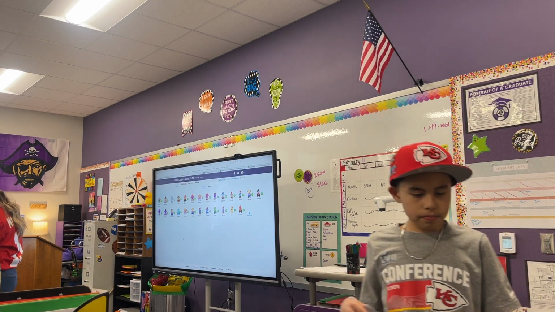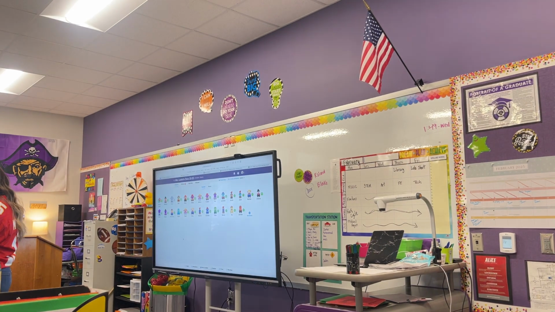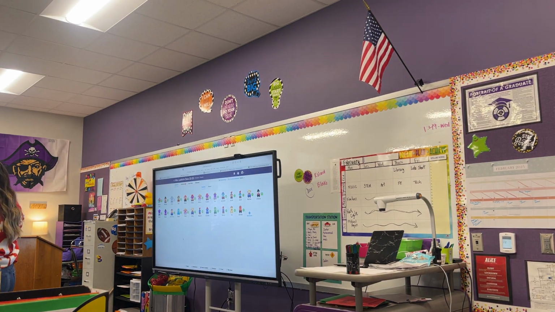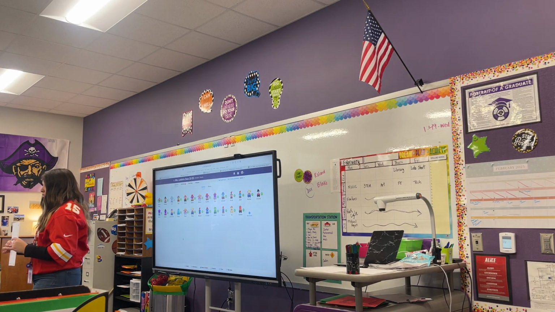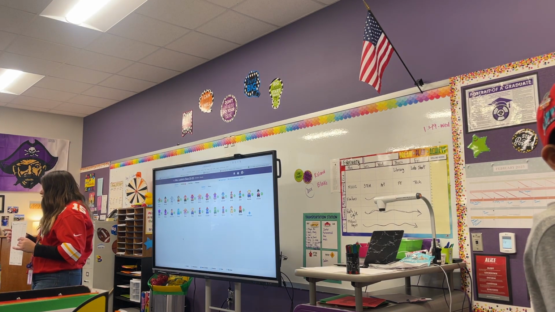You are only going to complete 1 through 10. There's 20 on each side. You're going to complete 1 through 10 with your partner on each side. Let me finish.